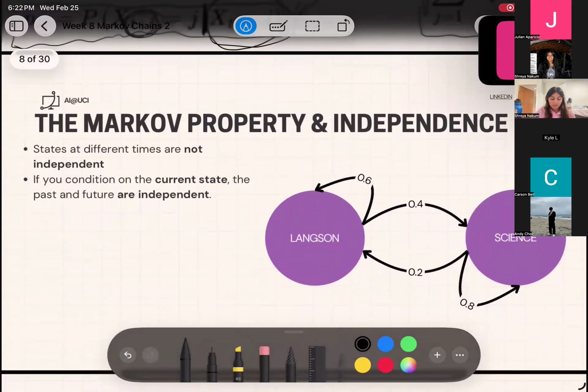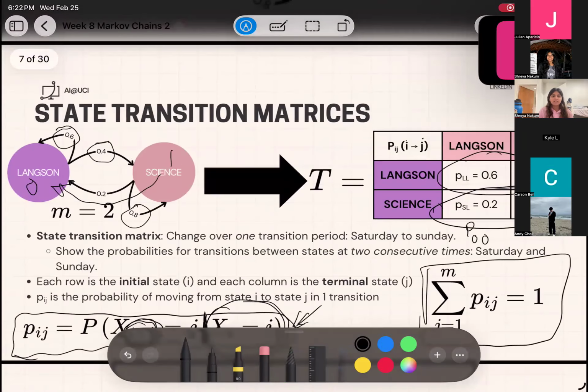Now the next thing we're talking about is the Markov property a little bit more in depth, and independence. Even though this sounds weird, states at different times are not independent. The reason is, let's say you were at Langston at 10 a.m. and you will be at Langston at 12 p.m. What is the probability that happens? You might be like, oh, let's go to the previous number, 0.6.